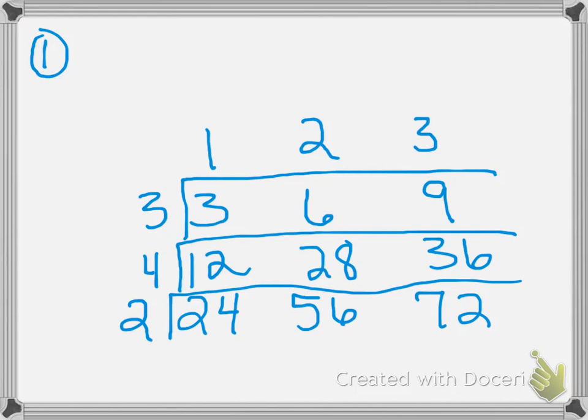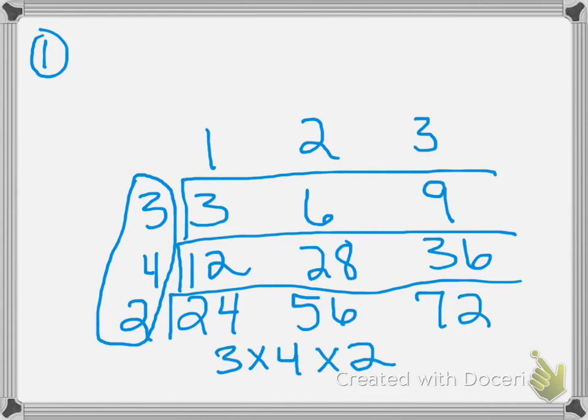Now, to find the greatest common factor, we're going to multiply the numbers on the side of our ladder, which is 3 times 4 times 2. The greatest common factor and the total number of book bags that they can fill would be 24. 3 times 4 is 12. 12 times 2 equals 24.